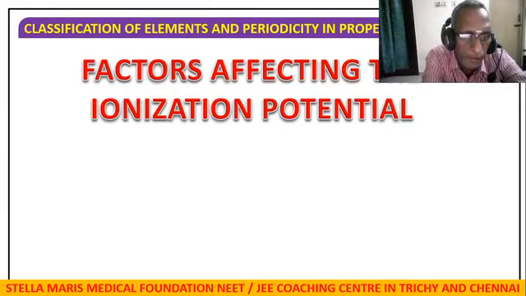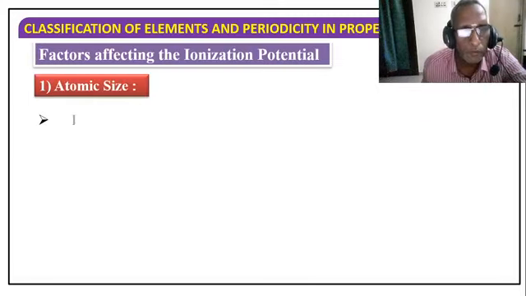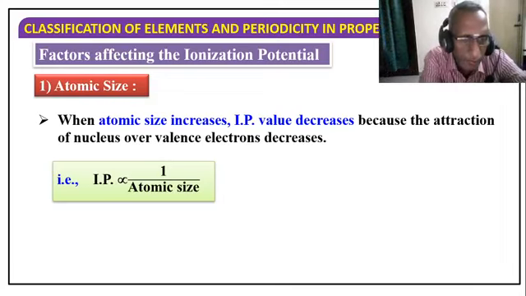What are the factors influencing or affecting the ionization potential? First, atomic size. If atomic size is low, electrons are strongly bound with the nucleus, so it is very difficult to remove them.